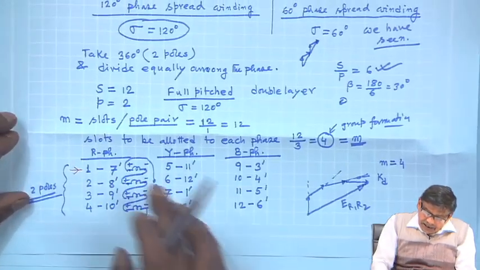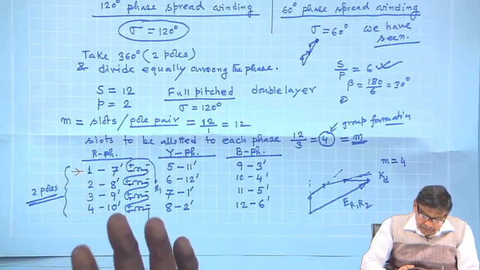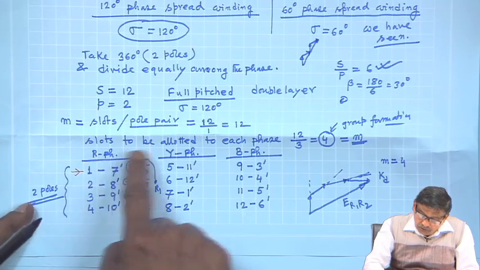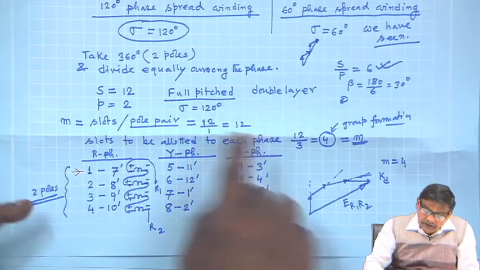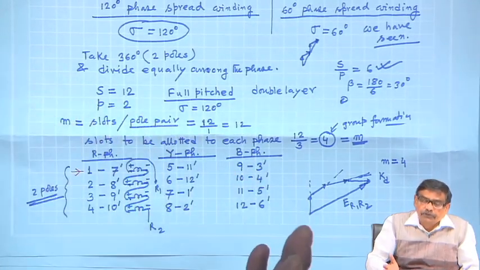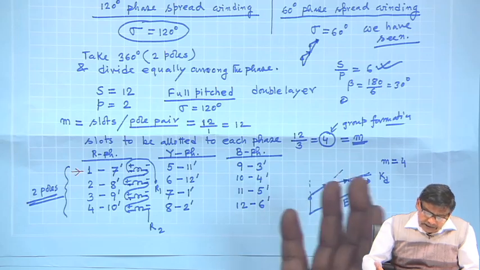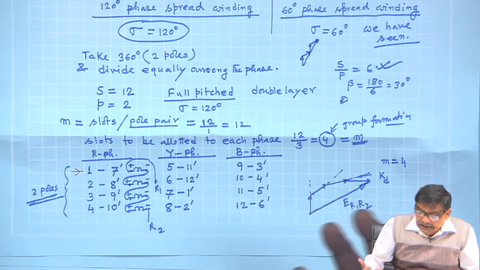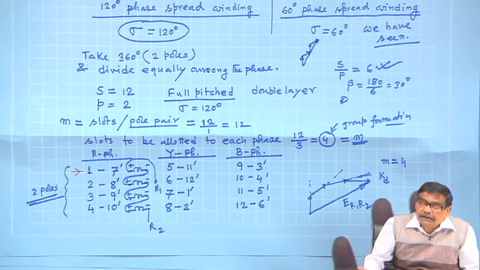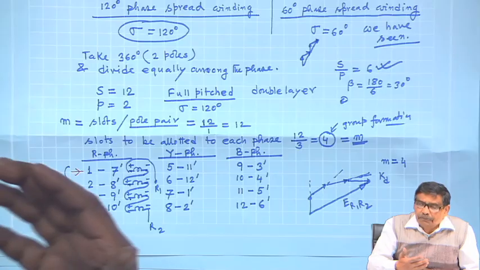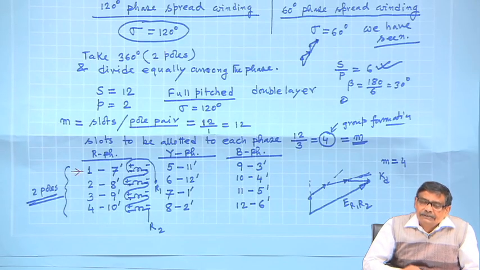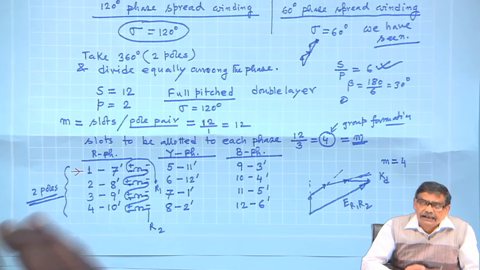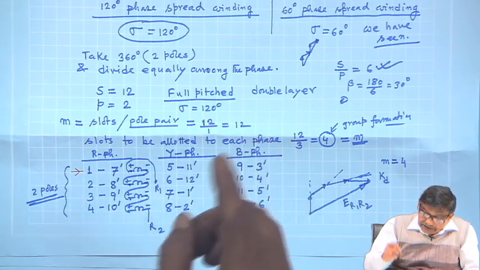This m, you must not misunderstand in this way. Slots to be allotted to each phase globally, if you see total number of slots, whether it is 120° or 60° phase spread, it looks like 1/3 of the total slots must belong to R phase, 1/3 to Y phase, like that it will be there, but that is not the issue.